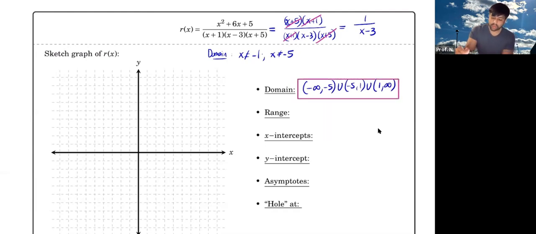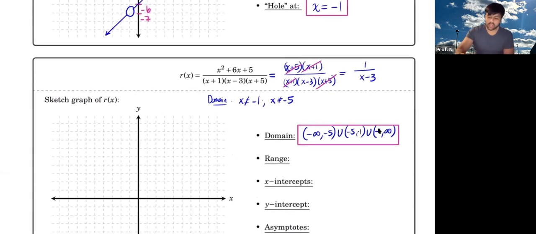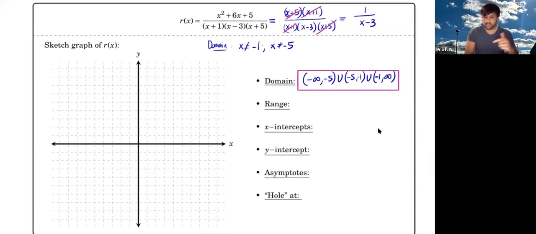Sorry, it should be -1, because we're talking about -1. Now, again, r of x is 1 over x minus 3 only when x is not equal to -1 or -5. These are where the holes occur. So the holes occur at x equals -1 and at x equals -5.